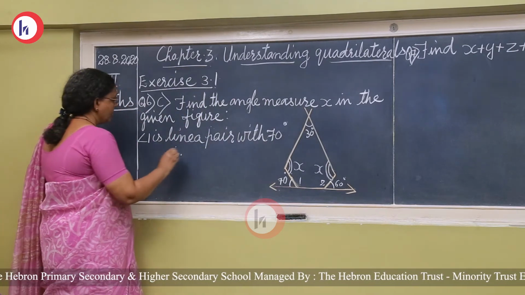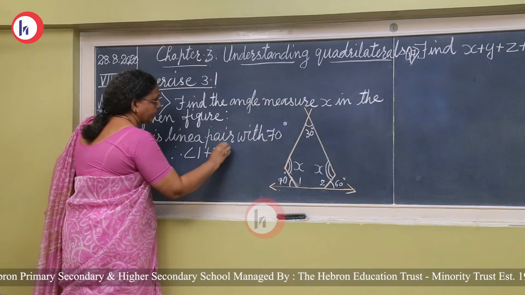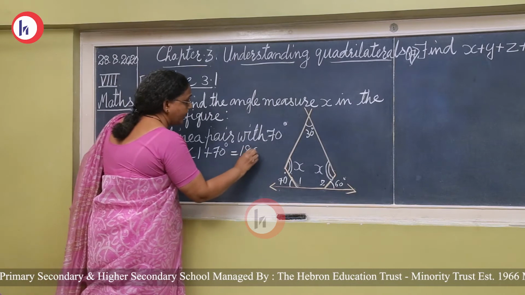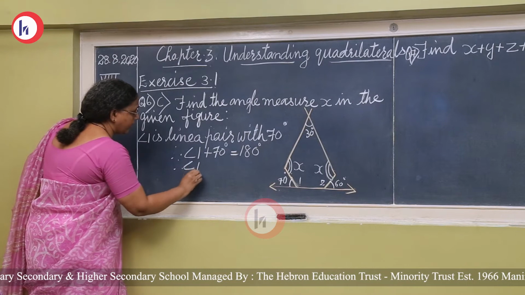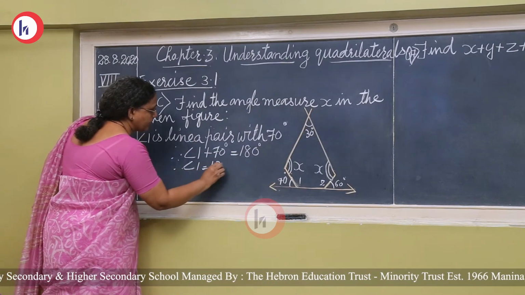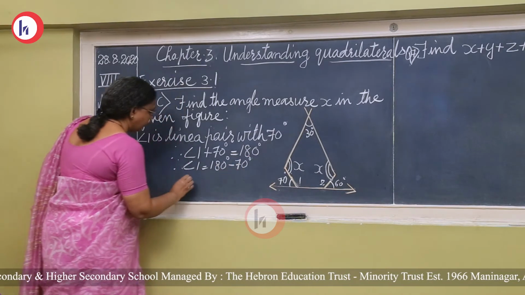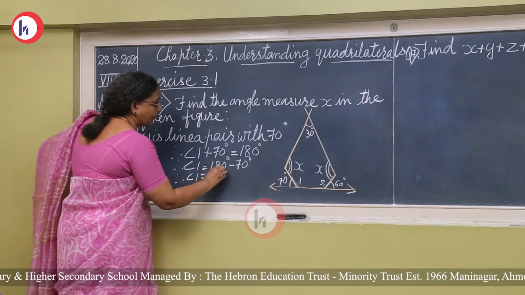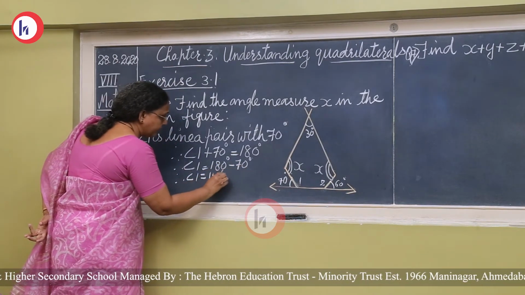Therefore, angle 1 plus 70 degrees is equal to 180 degrees, as a linear pair means the total sum will be 180 degrees. Therefore, angle 1 is equal to 180 degrees minus 70 degrees. Therefore, angle 1 is equal to 180 minus 70, that is 110 degrees.